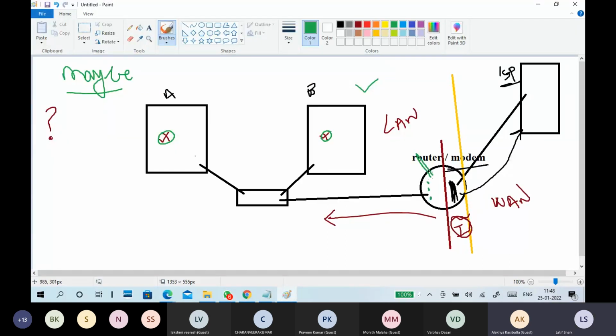If it is Wi-Fi, you are connecting through the Wi-Fi network, but internet connectivity is established from your router with built-in modem to the outside.